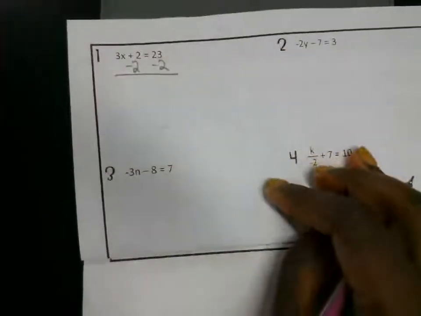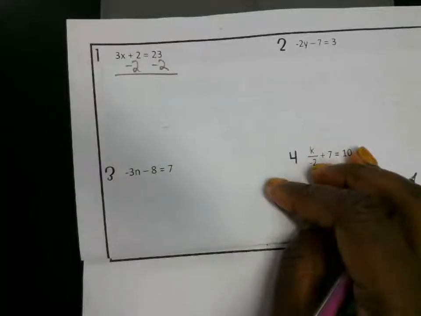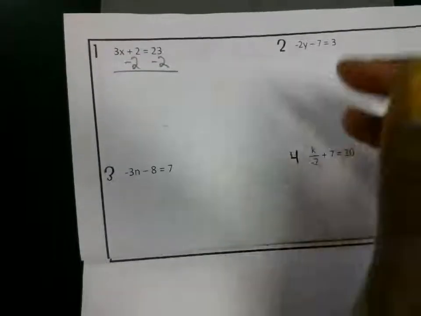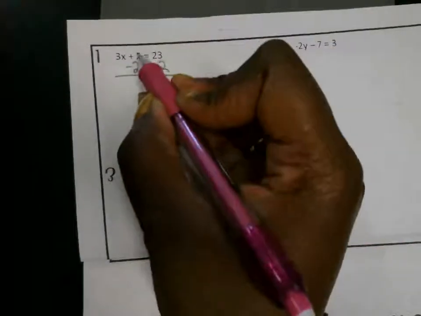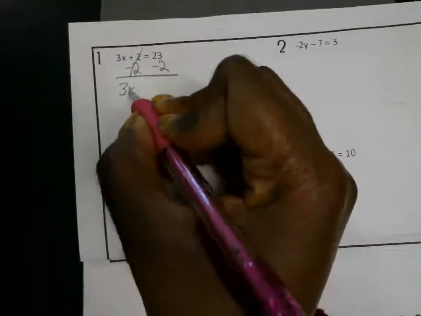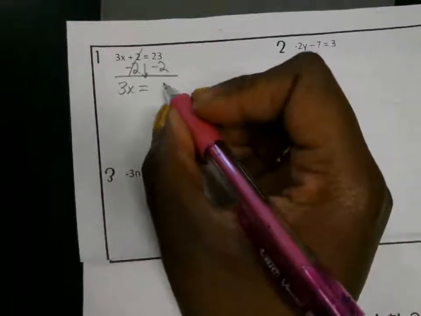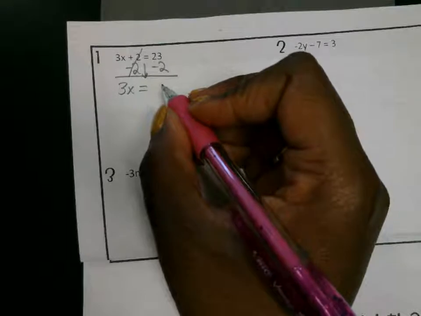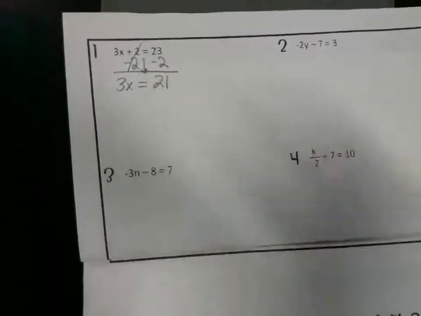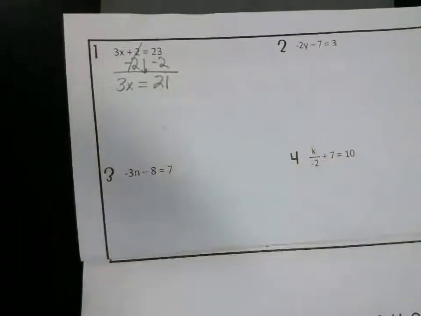Very good. Add or subtract comes first. Multiply, divide comes second. When we subtract 2 here, this is gone. We're left with 3x is equal to, what's 23 minus 2? 21. Now what are we going to do to isolate x?